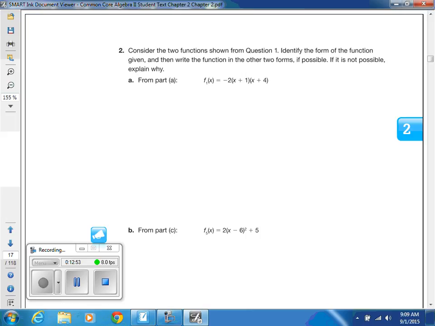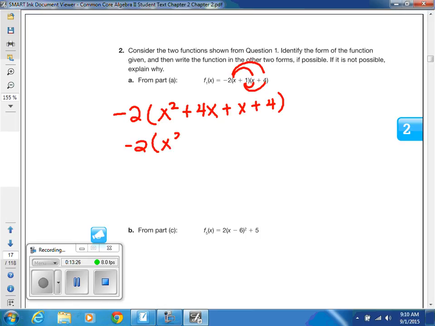So, x times x, x squared, x times 4, 1 times x, and 1 times 4. Now remember, all of this is still times -2, because I did not take care of that yet. So I have -2 times x squared plus 5x plus 4.